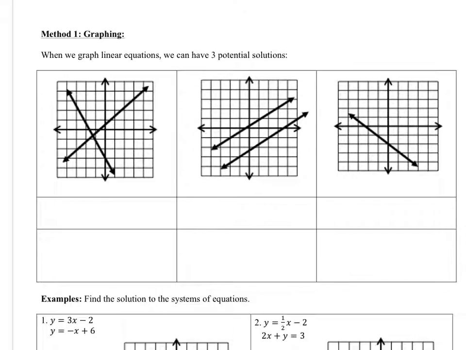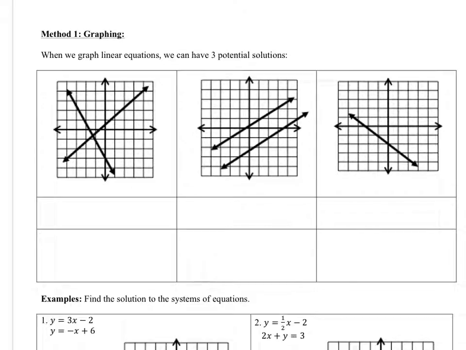Alright, so if we take a look at this, notice it says when we graph linear equations, we have 3 potential solutions. So when I'm graphing lines and I want to determine the solution, it's where they intersect. If you look at this example right here, how many times do your lines intersect? Well, they intersect once.